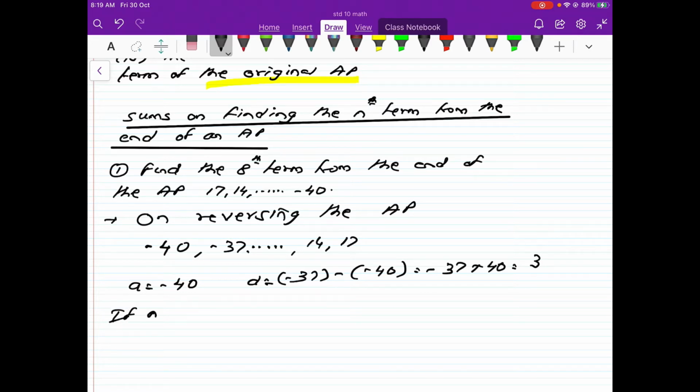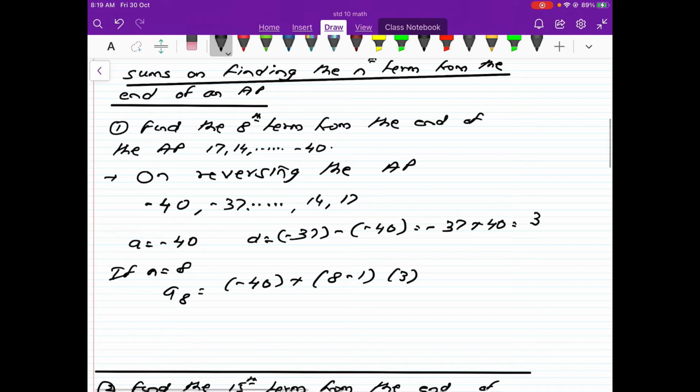If n is equal to 8, then a8 is given by a plus (n - 1)d. So this becomes minus 40 plus 7 times 3, which is 21. So it is minus 19.